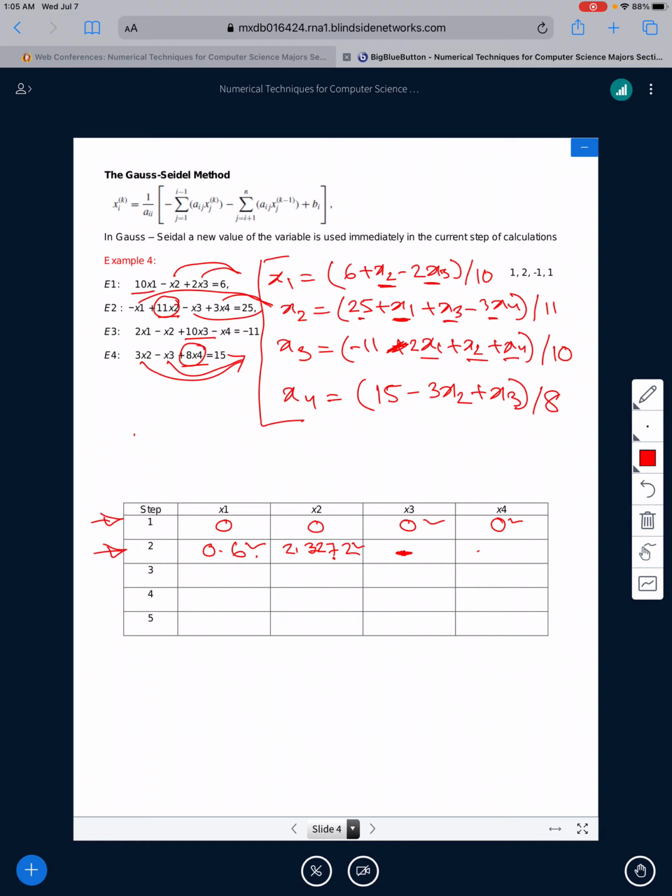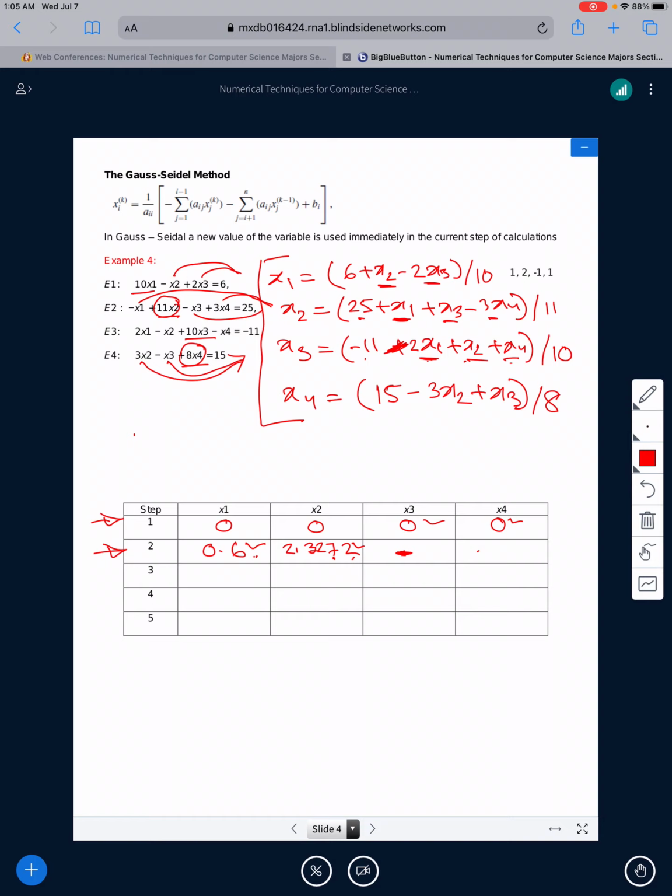Okay, so let's see what will happen then. When I'm calculating x3, I will have negative 11 plus or minus 2 times the new x1 plus new x2 plus old x4, and then we will divide by 10.